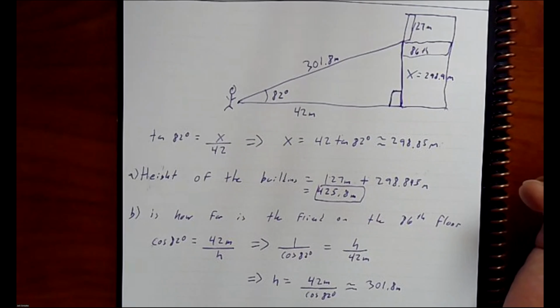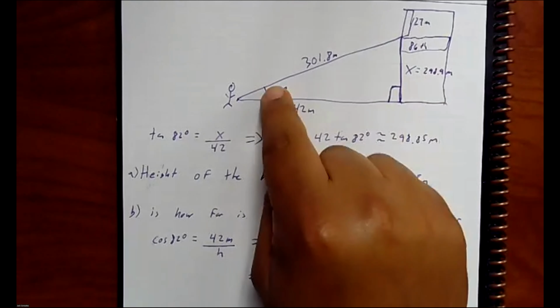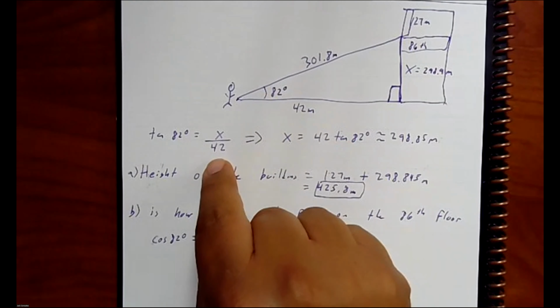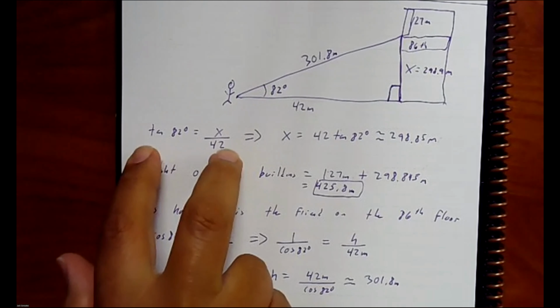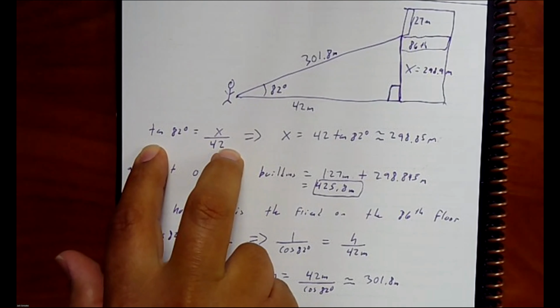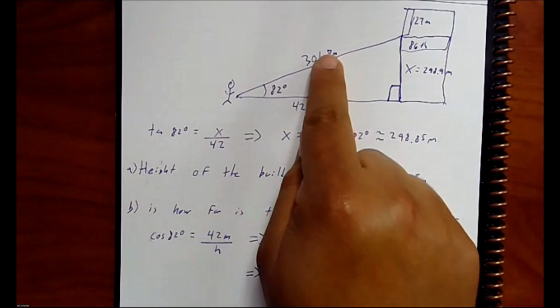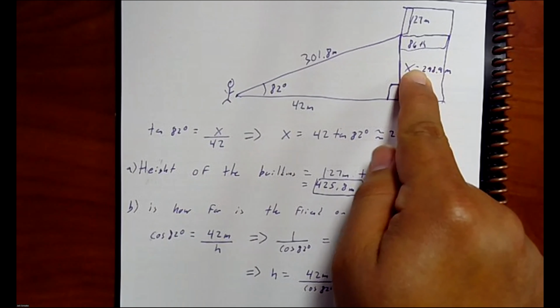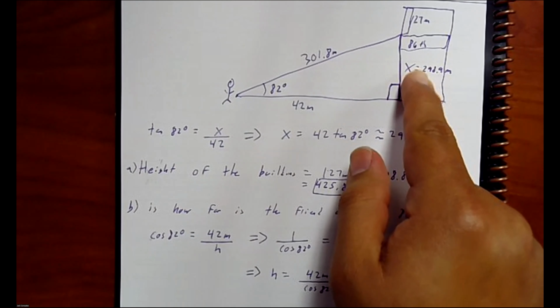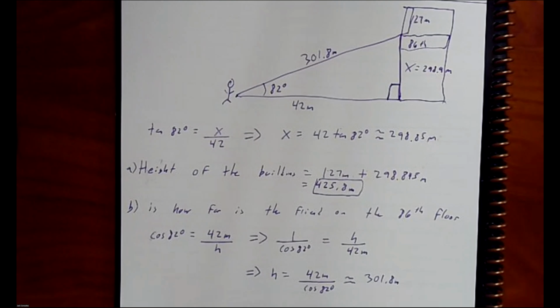So I chose tangent because I want to find the opposite side and I have the adjacent. That means I'd only have one unknown. I could have also used sine first to find this distance here and then found the missing side if you wanted to. Both approaches would have worked, but in a nutshell, choose a trig function that creates an equation with one unknown.